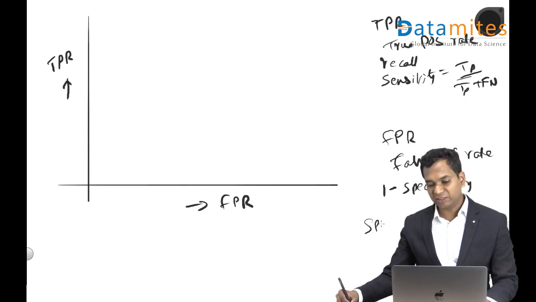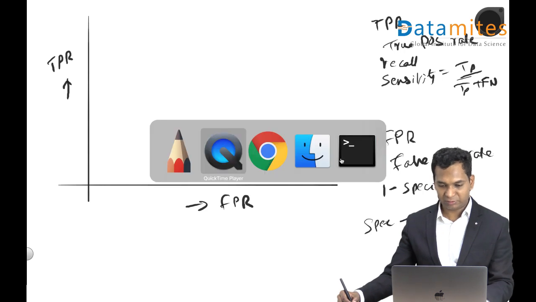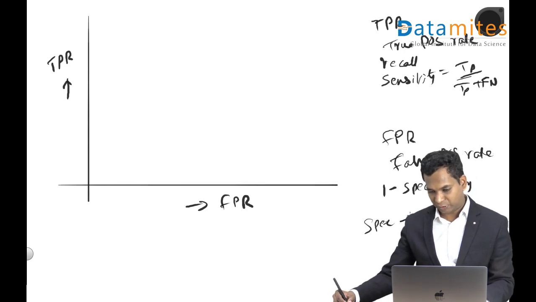The specificity formula is TN divided by TN plus FP.